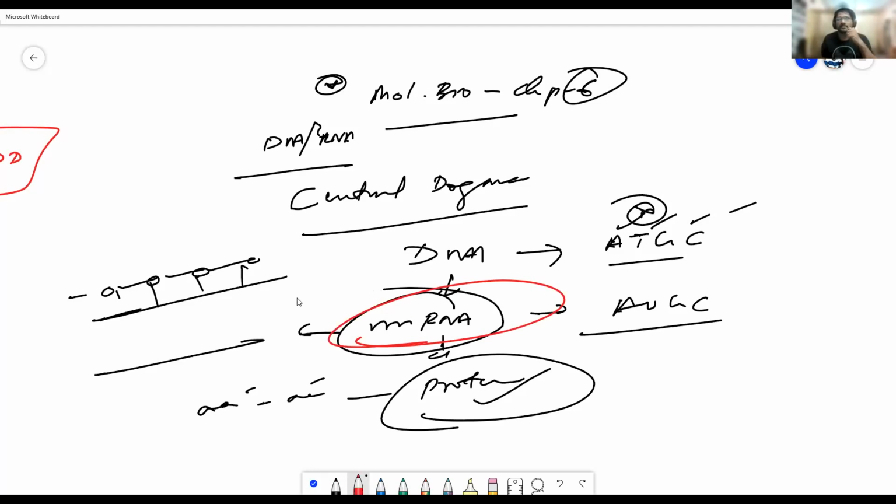So let's understand. This is the general function of mRNA, that is, to produce proteins with the help of the protein synthesis machinery, ribosomes. In 9th or 10th standard you would have studied cell structure and function, learning about ribosomes and the endoplasmic reticulum, which help in protein synthesis.